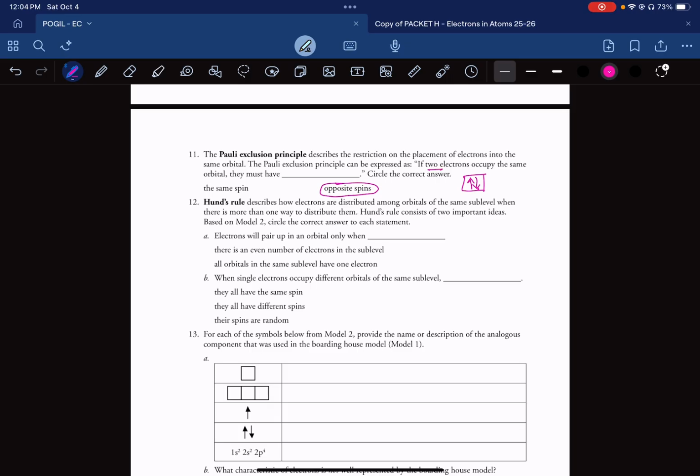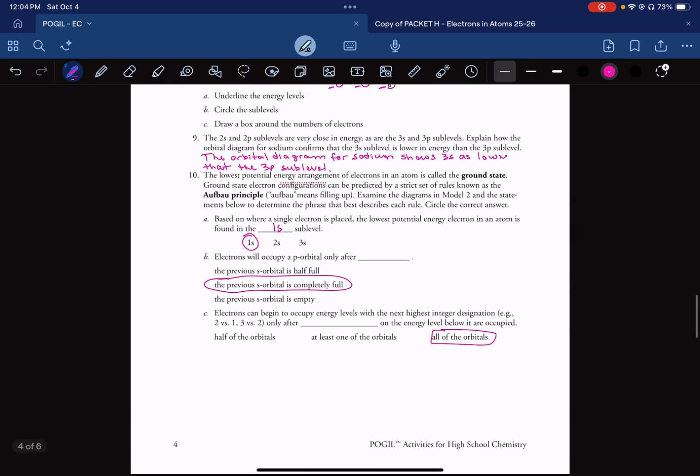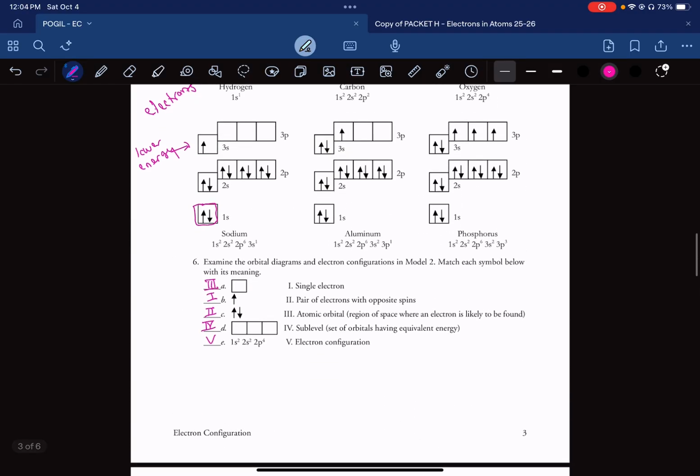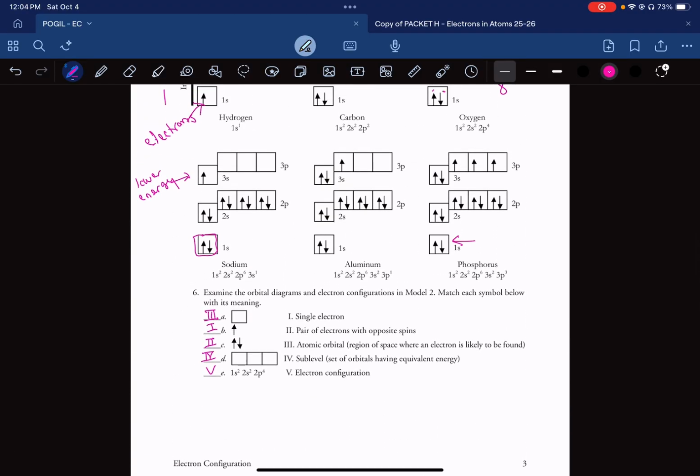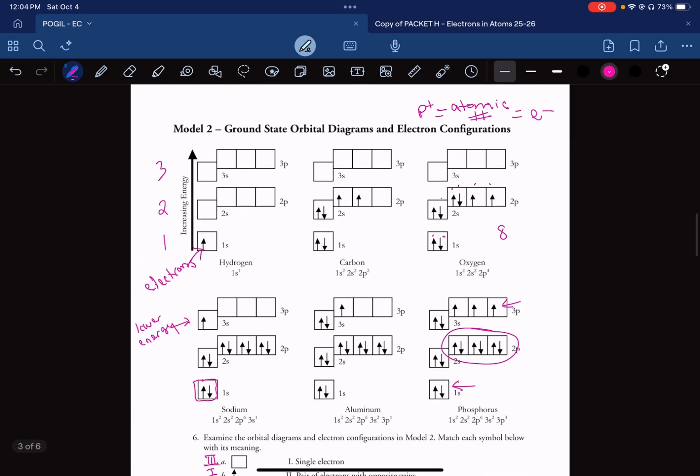It says the 2s and the 2p sublevels are very close in energy, as are the 3s and the 3p sublevels. It says explain how the orbital diagram for sodium confirms that the 3s sublevel is lower in energy than the 3p sublevel. So we're going to look at sodium. That's this one.